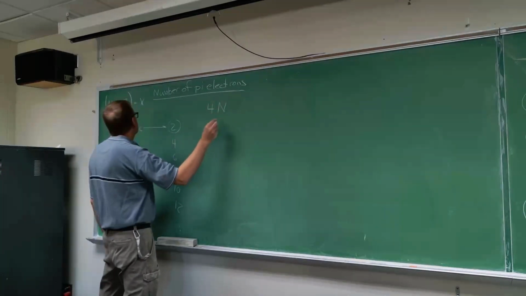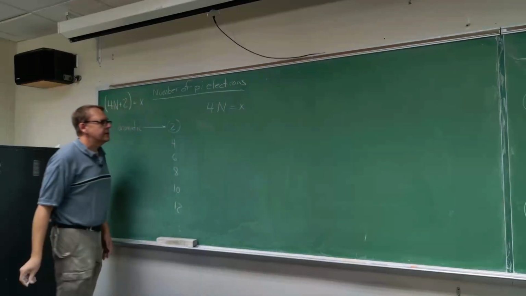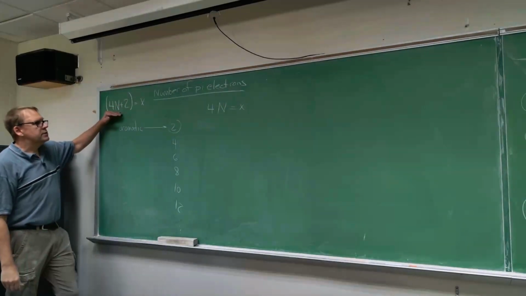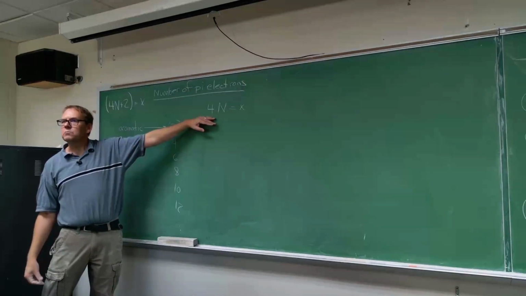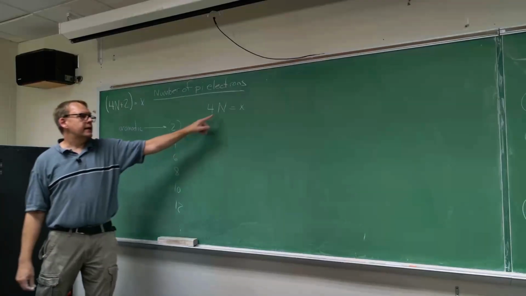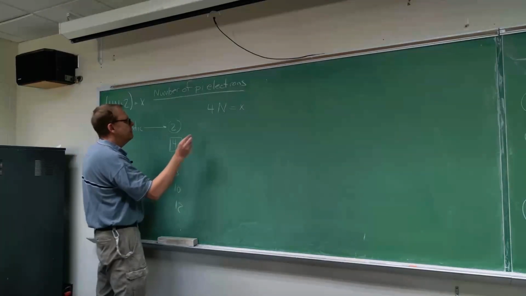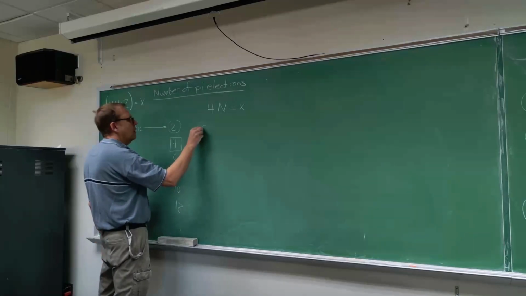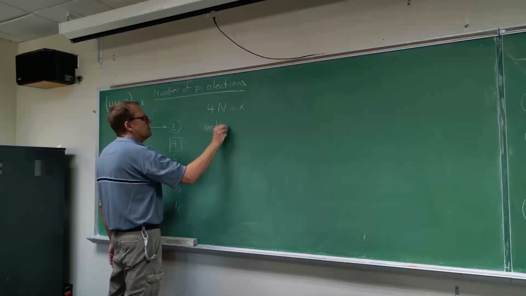So we're going to learn to look for pi systems that fit either 4n plus 2 or 4n, where basically the pi electrons are an even multiple of 4. So 4 is definitely an even multiple of 4 if n is equal to 1. So these are going to be different. And in fact, these are going to lead to anti-aromatic type systems.